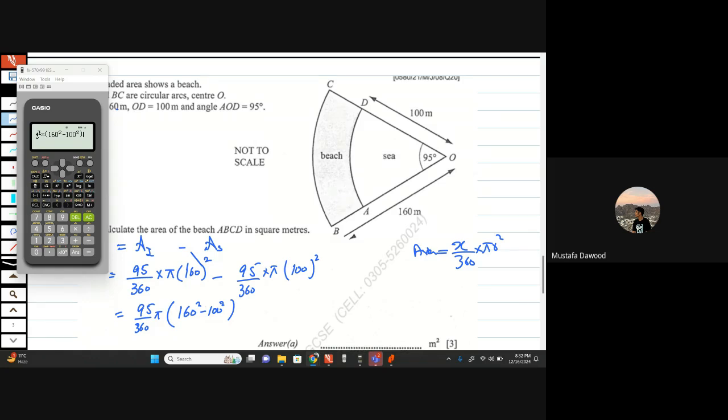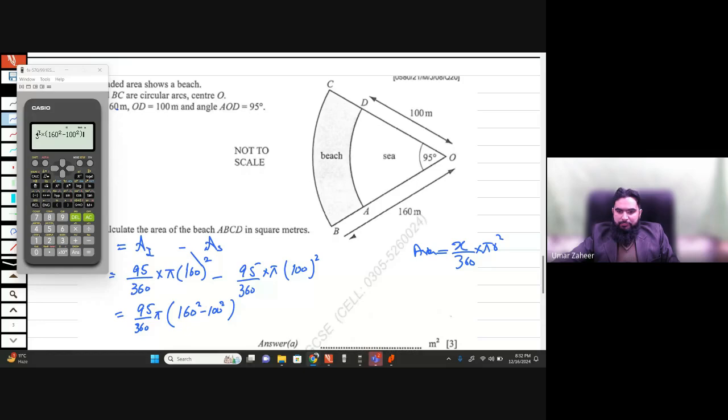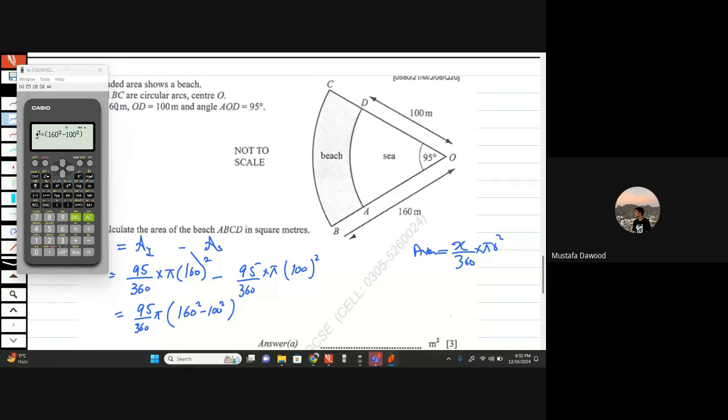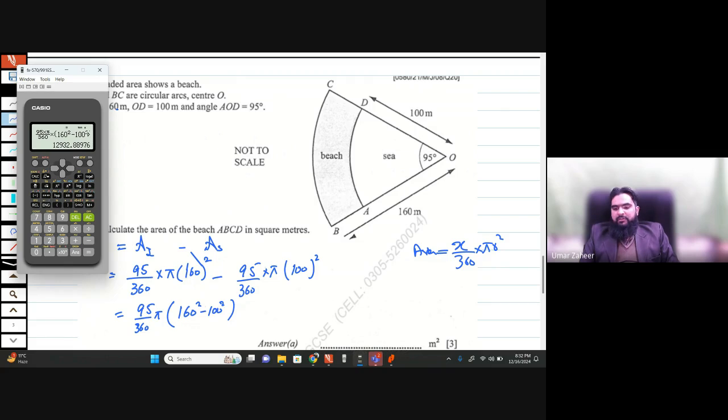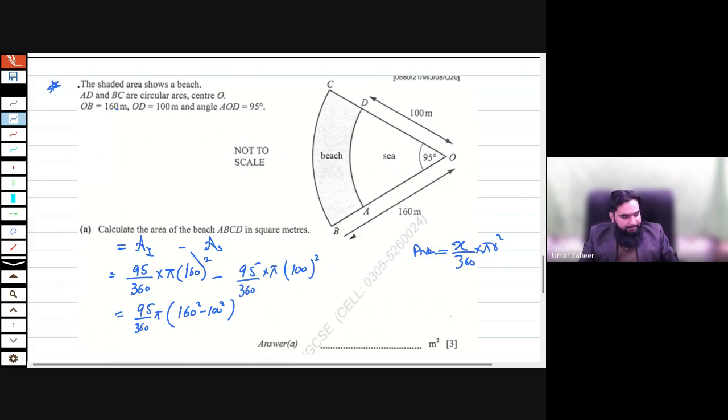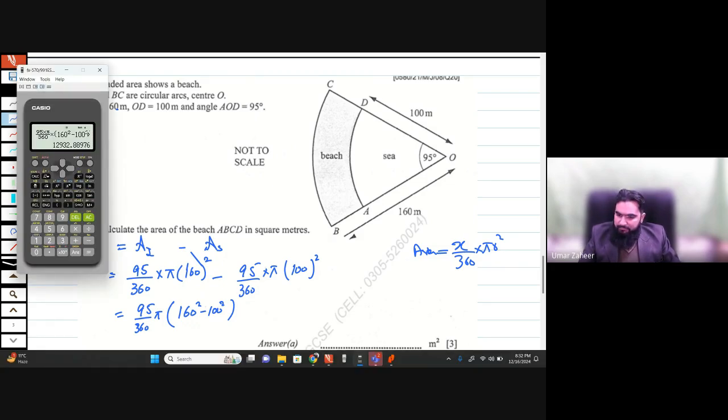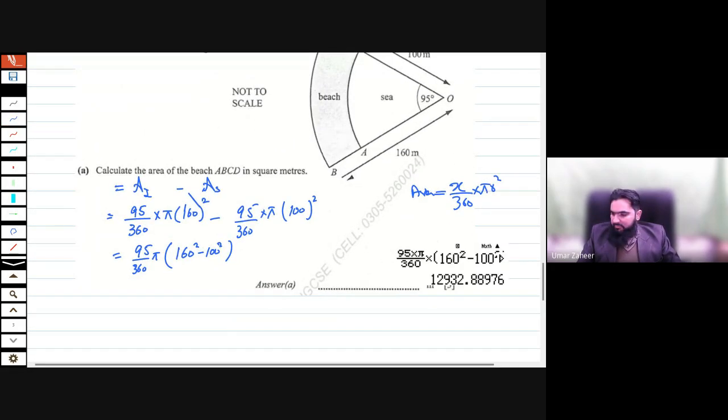The answer is 12932.88. If you have to round off, it will be 12933 square meters.